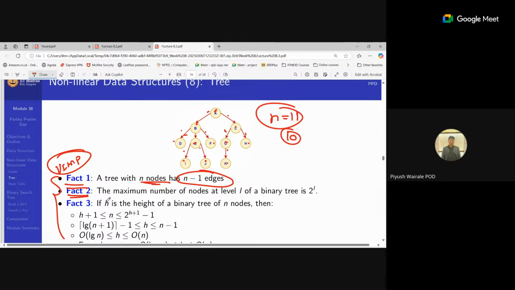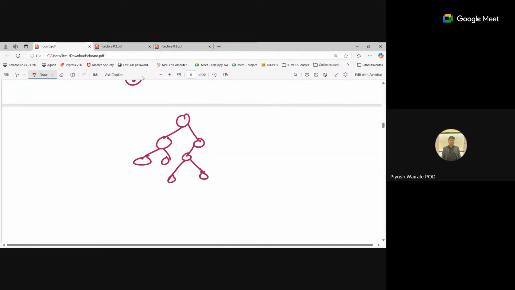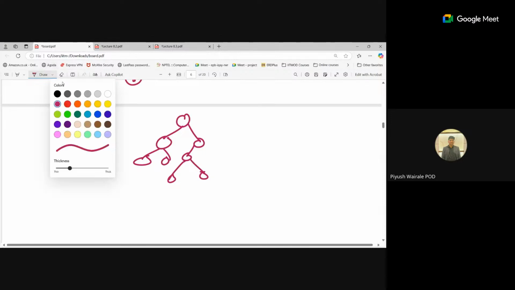What is fact number two? The maximum number of nodes at level L of a binary tree is what? 2 to the power L. So we are talking about a binary tree here, right? So if you understand, this is a binary tree.